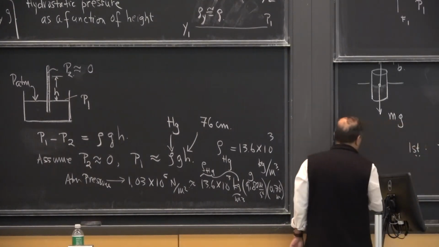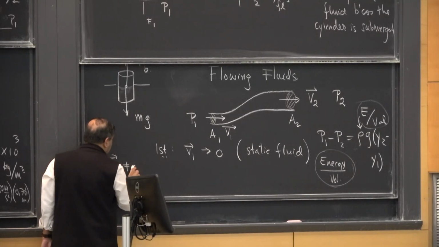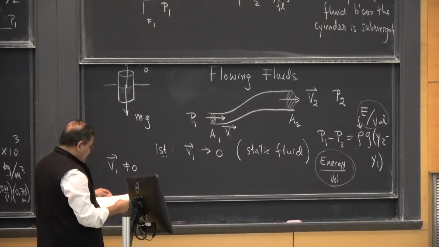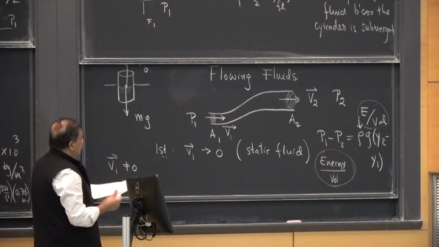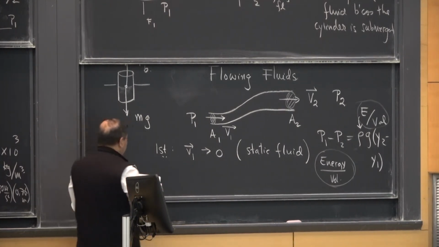So in other words, if I now let V1 move, so V1 is not equal to 0, it turns out that all you have to do is to convert Pascal's law into an energy conservation statement.